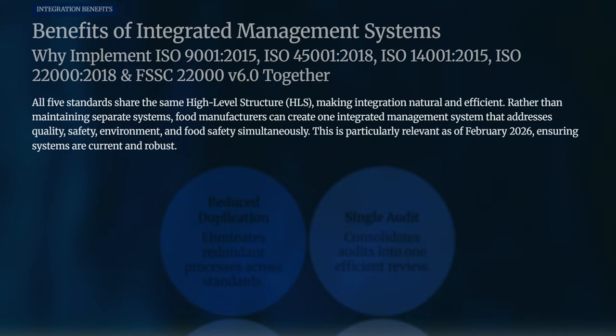So rather than maintaining separate systems, food manufacturers can create one integrated management system that addresses quality, safety, environment, and food safety simultaneously. And this is practically relevant as of February 2026, ensuring systems are current and robust. I have worked with some organizations who have implemented all these standards, and they have been leaders in the market for many years.